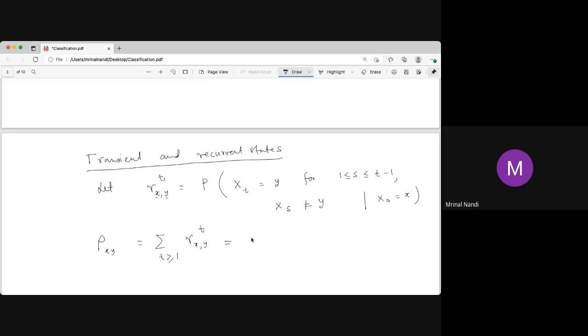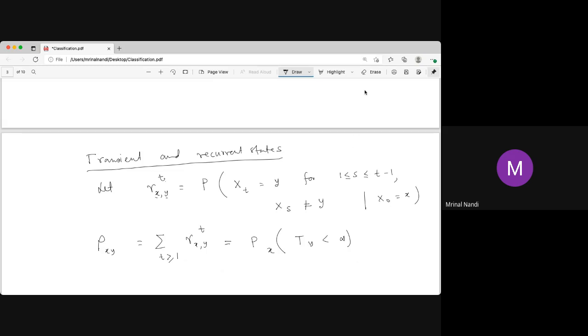What is this in terms of hitting time? Starting from x, T_y is less than infinity. T_y is the hitting time, the first time it reaches y. The number of steps is finite, because t is greater than or equal to 1. T may be 1, 5, 100, crores and crores, but it is finite. So this is the definition of rho_xy.